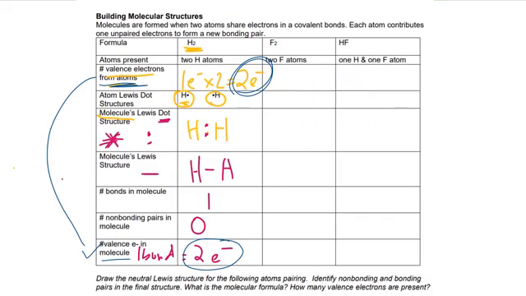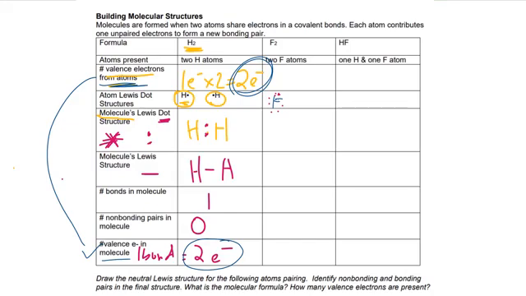Okay, so let's look at F2 and HF. Let's look at our Lewis dots here. Fluorine has 7 outermost electrons. So let's get this guy here: 1, 2, 3, 4, 5, 6, 7.